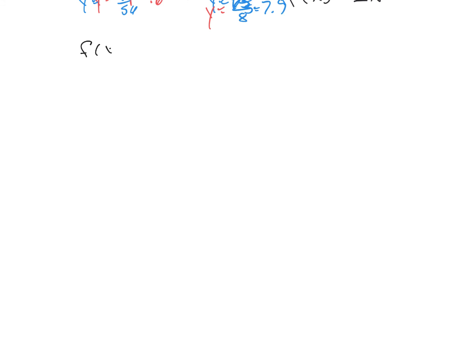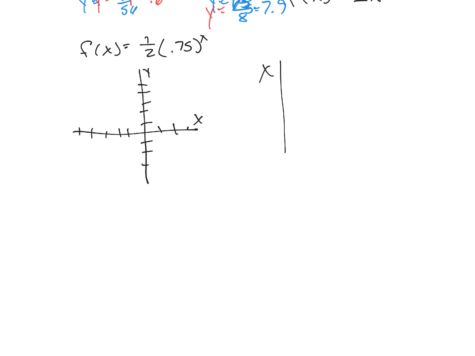So we have f of x equals 1/2 times 0.75 to the power of x. I'm going to label x, y, and here, and I'm going to do my t-chart, 0, 1, and negative 1. y equals 1/2 times 0.75, and we're just going to replace that x again.